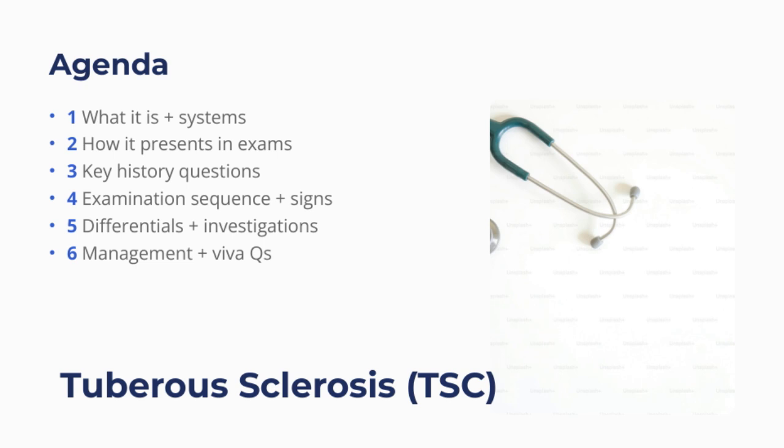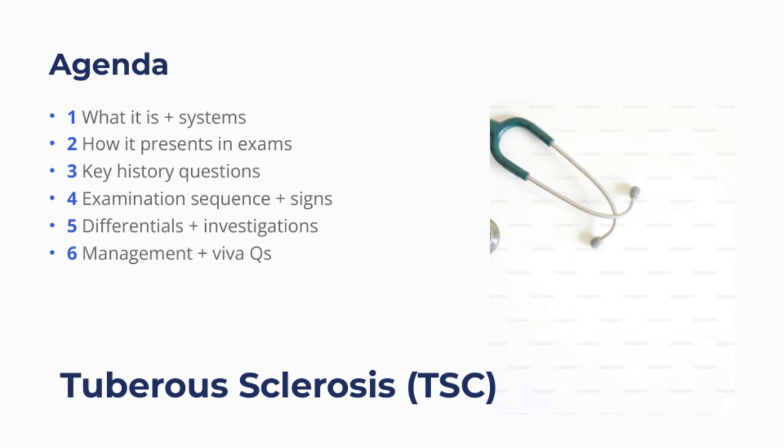After that, we'll consider the differentials, other conditions that might mimic TSC, and what investigations are necessary. Imaging like MRI can reveal characteristic brain lesions, while genetic testing can confirm the diagnosis. Finally, we'll discuss management strategies and prepare for Viva questions.